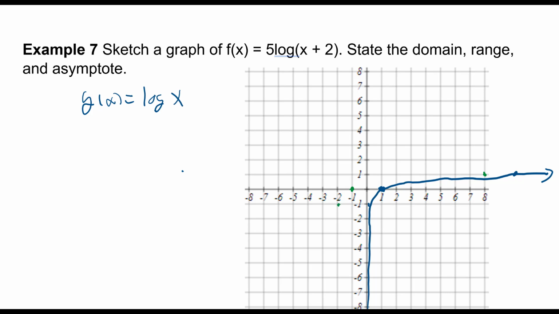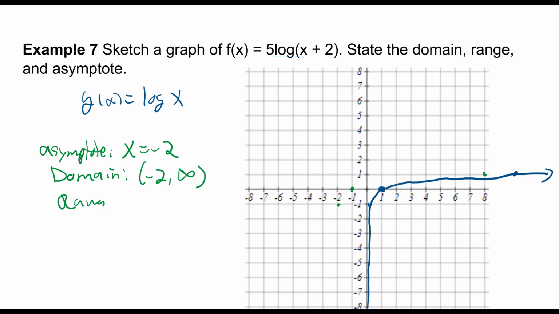So now our asymptote is going to be x equals negative 2. I'll write that as asymptote x equals negative 2. And so our domain is going to be negative 2 to infinity, and our range will still be negative infinity to infinity.